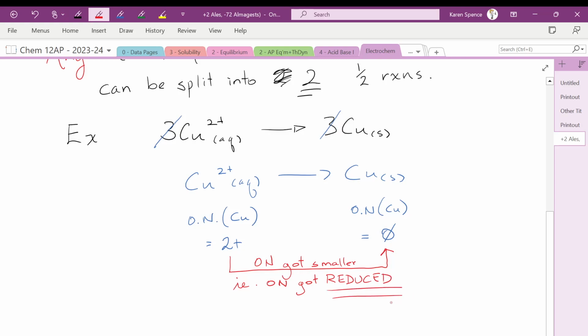So what type of half reaction is this? Is this an oxidation half reaction or is this a reduction half reaction? It's a reduction because the oxidation number got reduced.